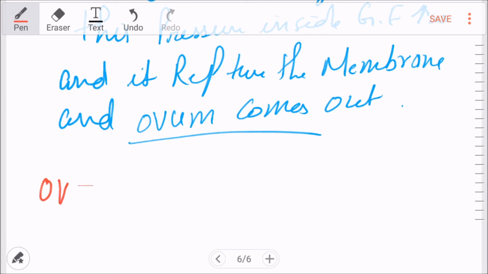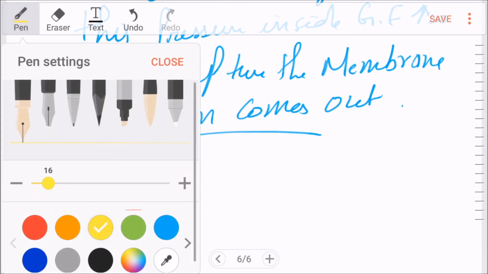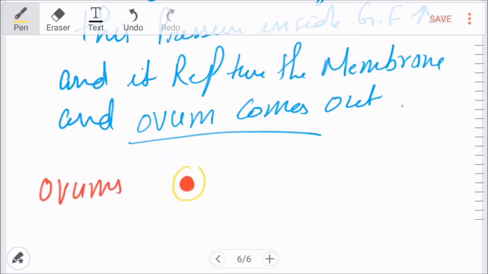The ovum is surrounded by layers. The second one is the zona pellucida. Now the third layer is the same as granulosa cells, but their name is changed here.